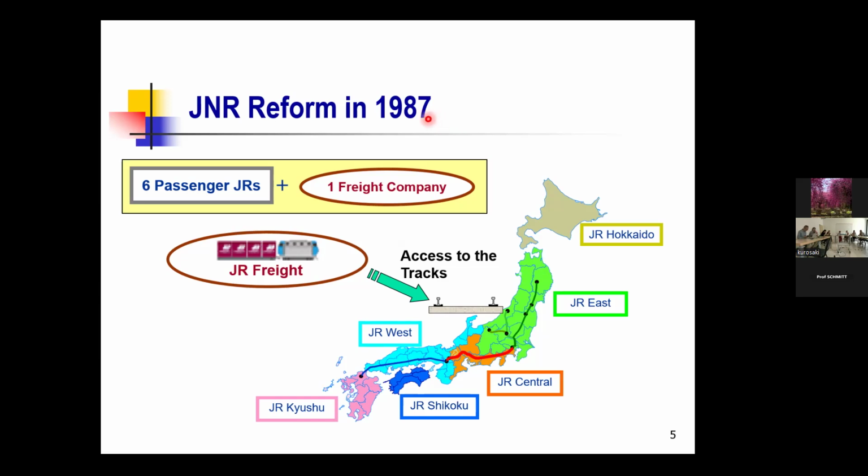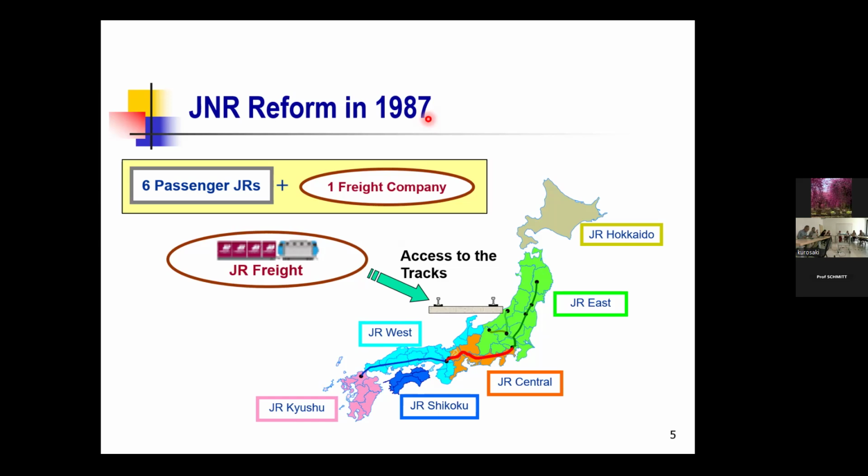In Japan, the national railways incurred a loss every year since 1964, and the financial condition of JNR had become very bad. In addition, public opinion against the inefficiency of JNR was serious.